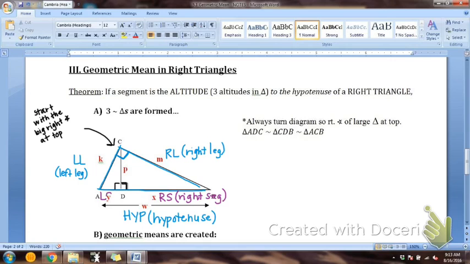So we'll call this LS for left segment. And then the only thing left we have is P, the thing right down the middle. Do you remember what it's called when you start at a vertex and you go straight down to make perpendicular? What's that called? Altitude. Yes, altitude. Okay, so P is going to be our altitude.